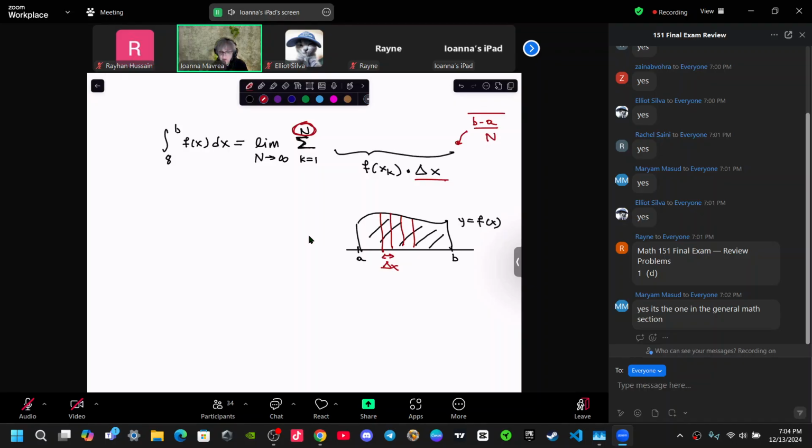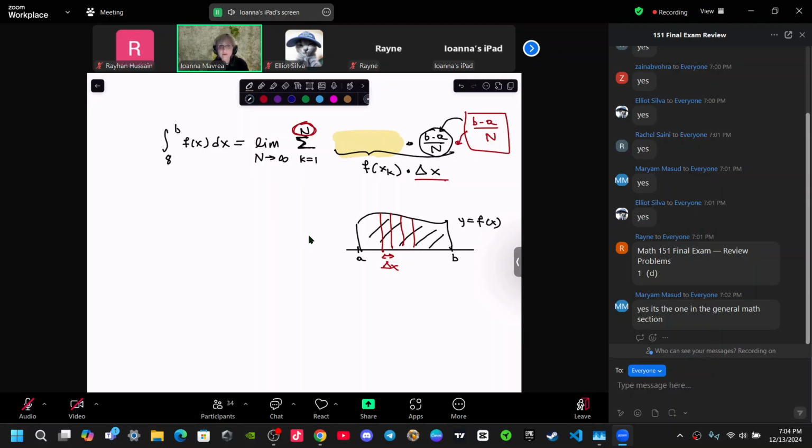So whenever you see stuff times something that looks like this, some number over n, that's your delta x. And that tells you both what a is and what b is, pretty much.